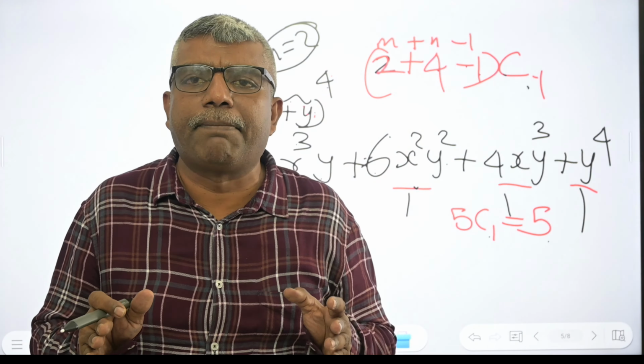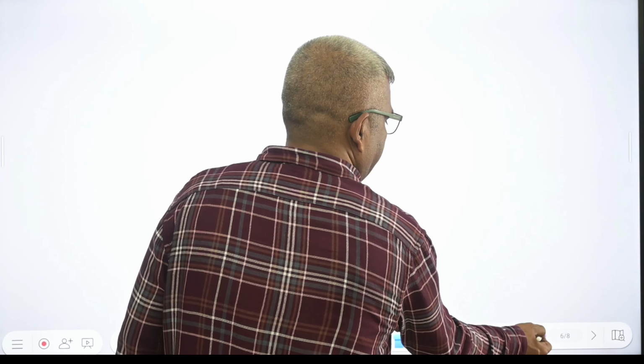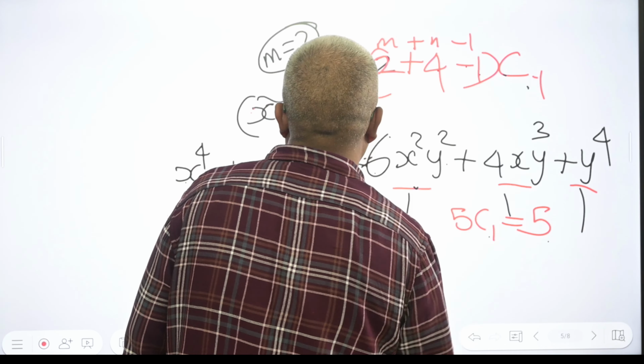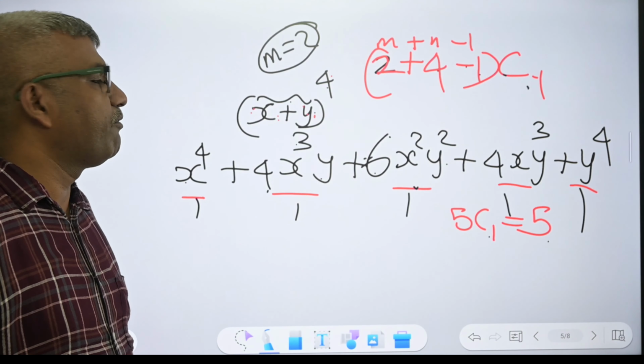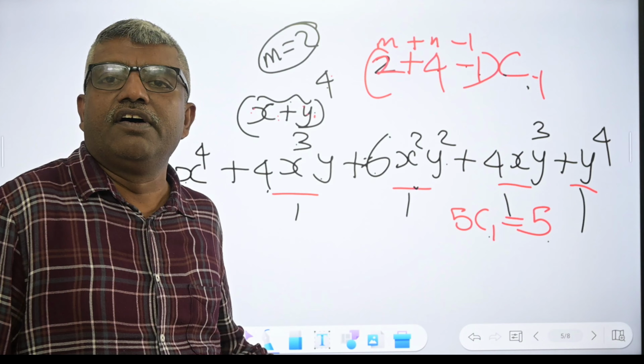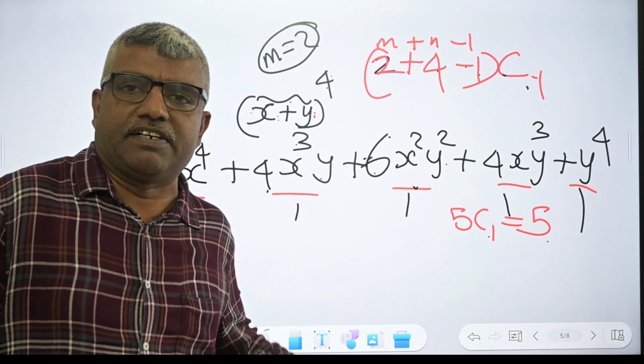Now let us go to the second one, the sum of the coefficients. How to find the sum of the coefficients of a multinomial expansion?